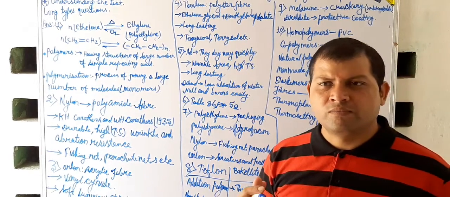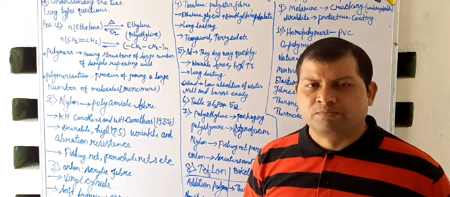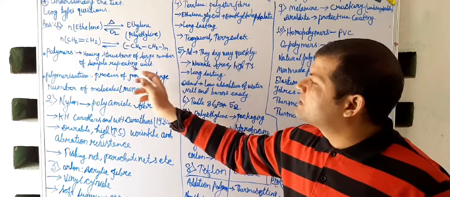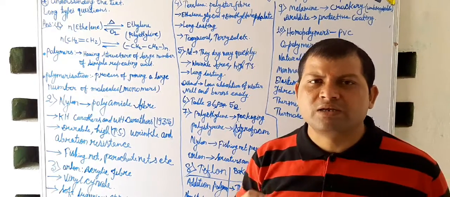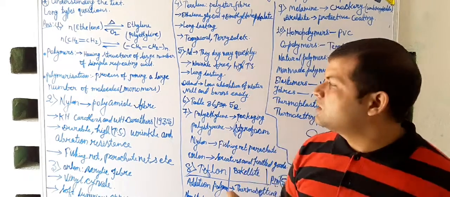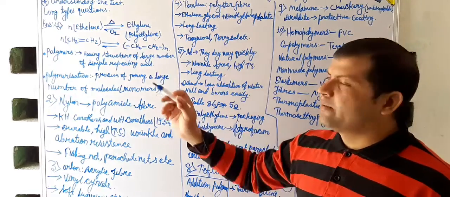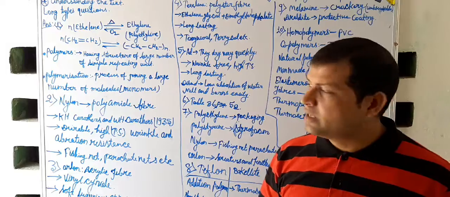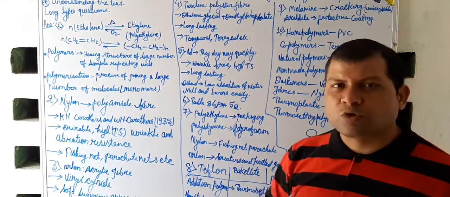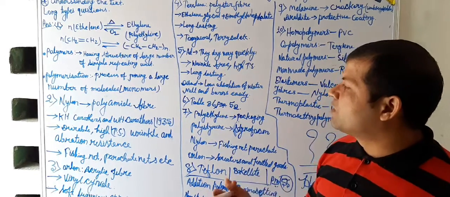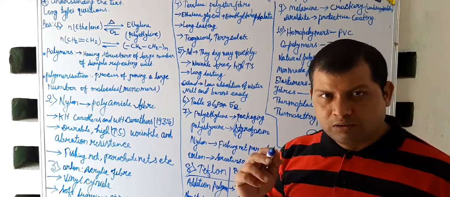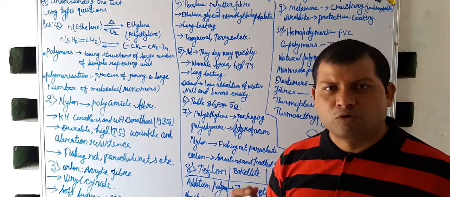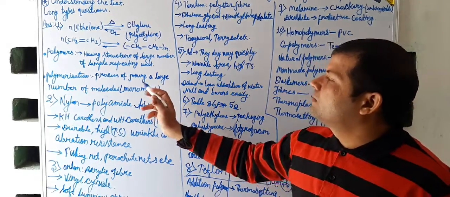are compounds having a structure of a large number of simple repeating units. Molecules with simple repeating units are called polymers, and the process of joining a large number of molecules or monomers is called polymerization.